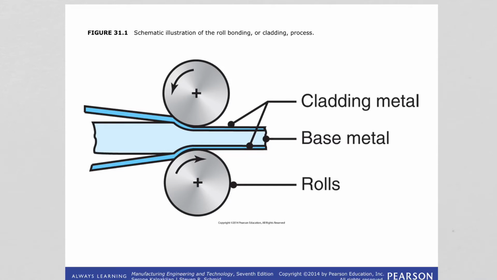Here we are seeing the illustration of roll bonding or cladding. Examples can be a skin of high corrosion resistance aluminum over a core of high-strength aluminum, or conventional steel with a stainless steel cladding.